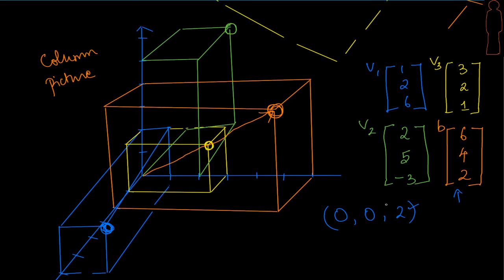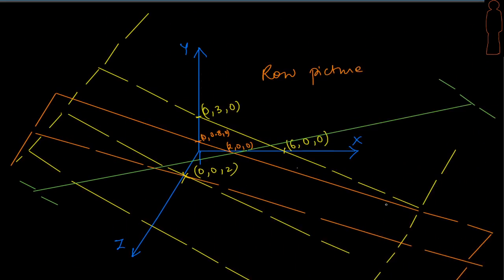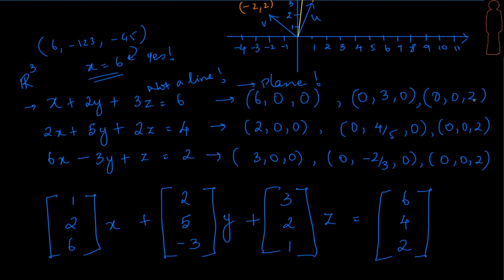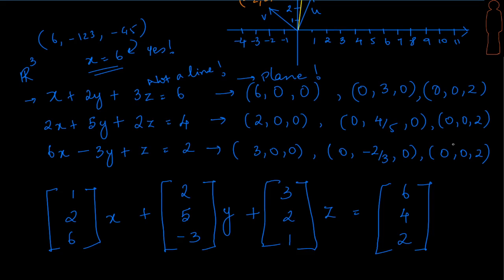Now the example is quite simple, because we could have got the answer even from here, right? When we saw this 0, 0, 2 appearing in all three places, it was clear that that is probably the solution. Okay, but the agenda in this session is not to solve linear equations, but to frame them, right? We are trying to find the picture for it.